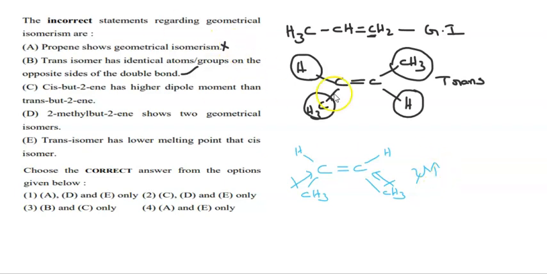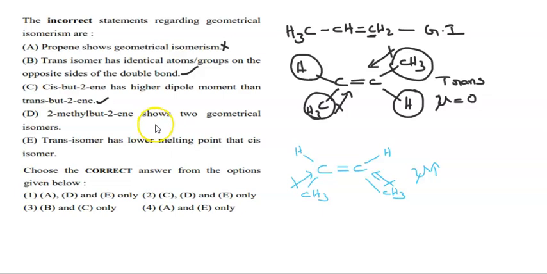But if I am going to take trans, the direction for this methyl group is like this, and the direction for the other methyl group is like this, and both are in the opposite direction. So the resultant dipole moment will be cancelled. So trans 2-butene is having the dipole moment equal to 0. So C is also correct.